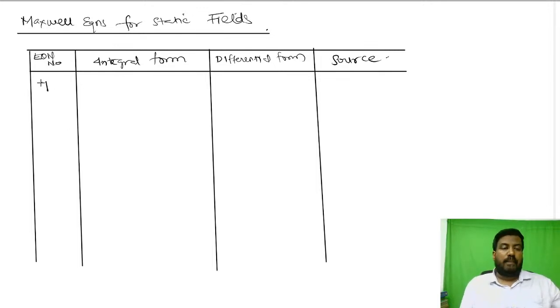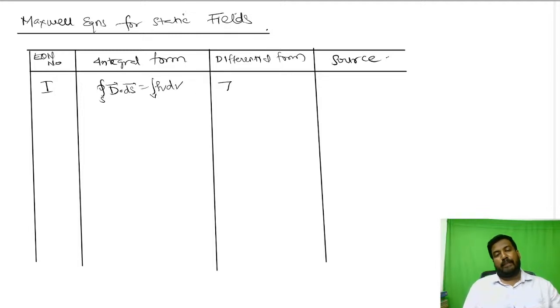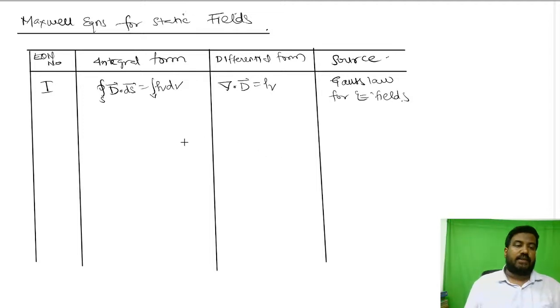Equation 1, integral form: closed surface integral D dot ds is equal to volume integral of rho v dv. Differential form: del dot D is equal to rho v. Source: Gauss law for electric fields.